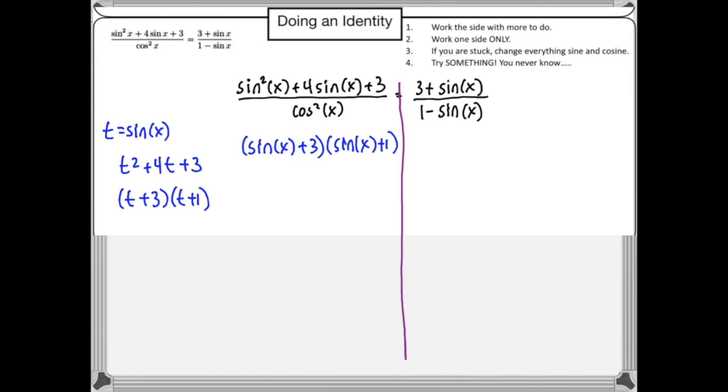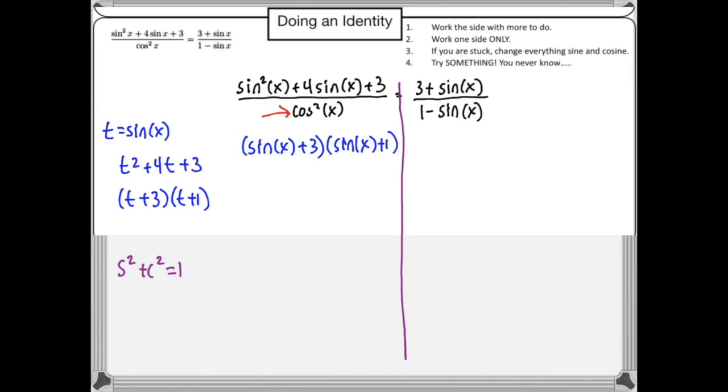Now, the cosine squared on the bottom looks like, well, what am I going to do with that thing? I notice it's just cosine squared by itself, so I can probably get away with doing something with the Pythagorean identity. In the shorthand, sine squared plus cosine squared equals 1.